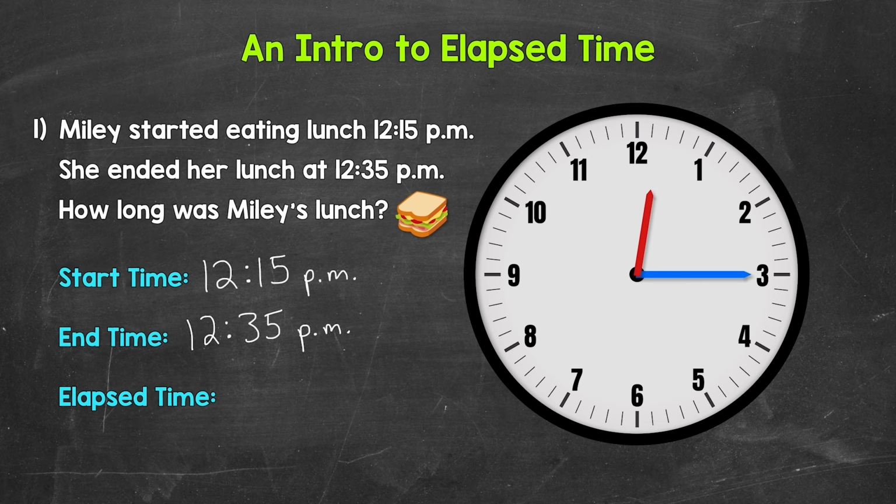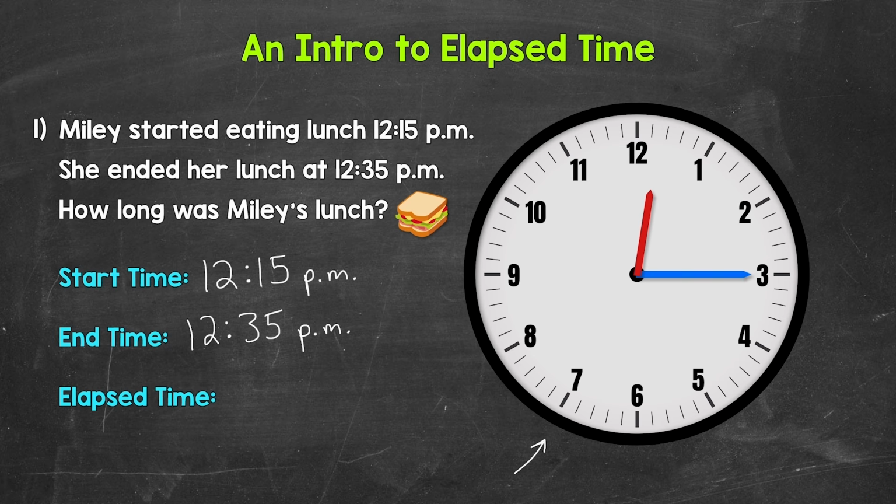How long was Miley's lunch? We're going to use the clock to the right to help us think through this. The clock is showing 12:15, the start time. With the end time being 12:35, that means the minute hand will be pointing at the 7.